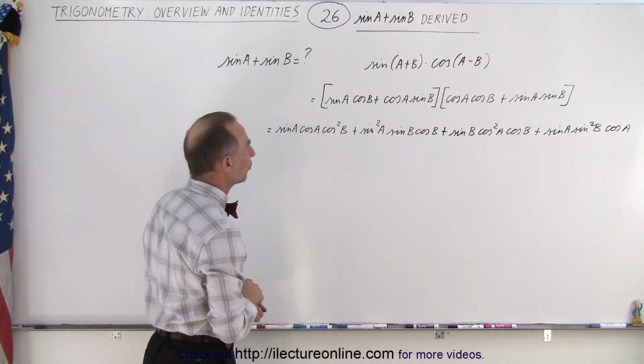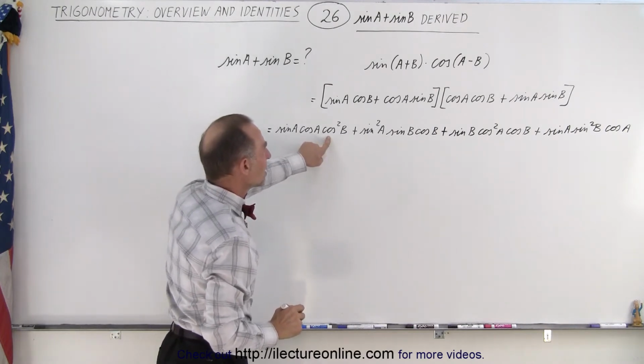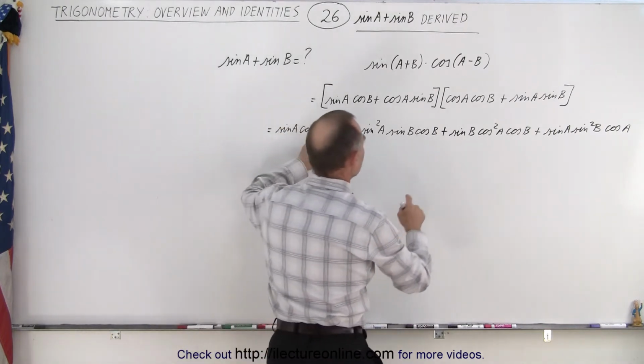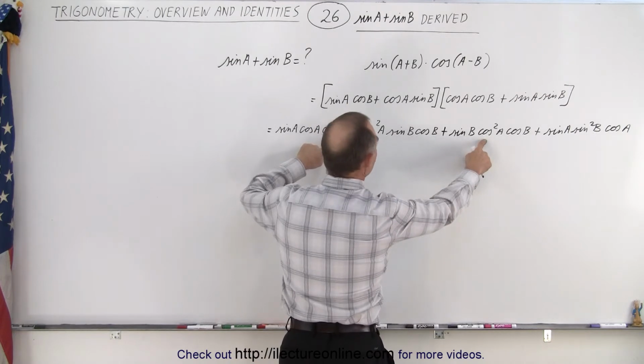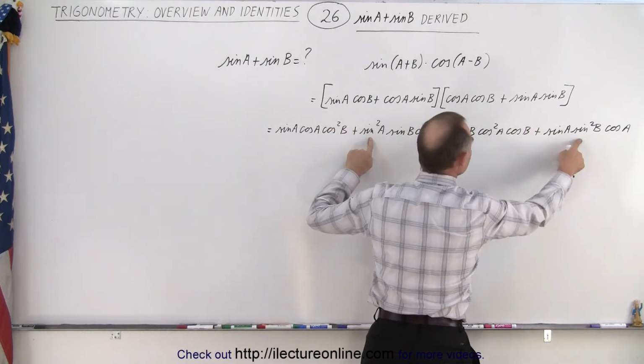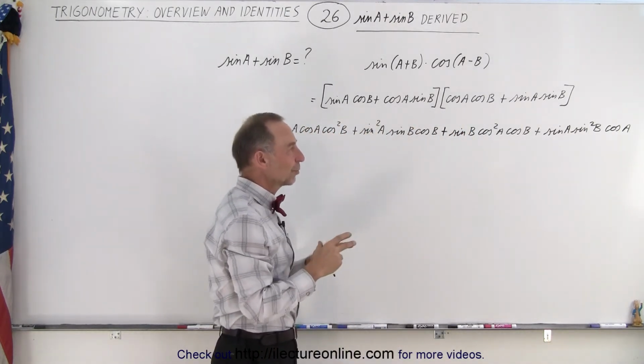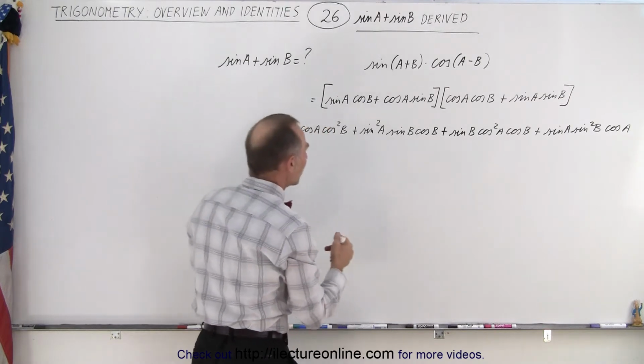Are there common terms? Cosine square of B, cosine square of A, sine square of A, sine square of B. Now I'm beginning to think, if we can add the terms together, can we factor out what's left?